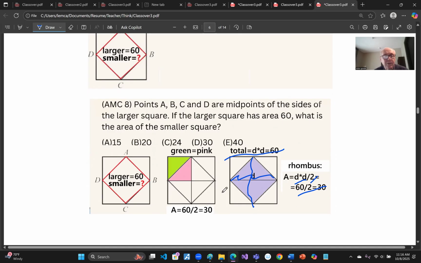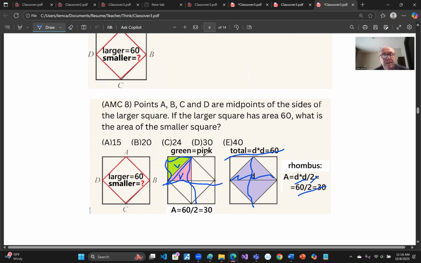And the second solution is about decomposition rule. We decompose big square into 4 small squares. And then we decompose each square into 2 triangles, like pink and yellow.